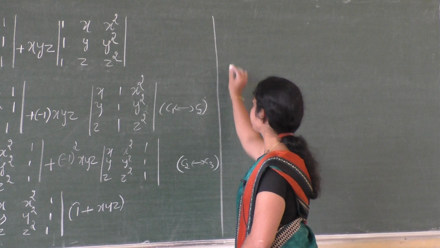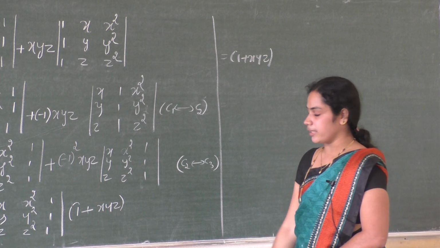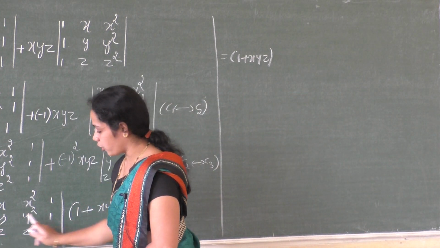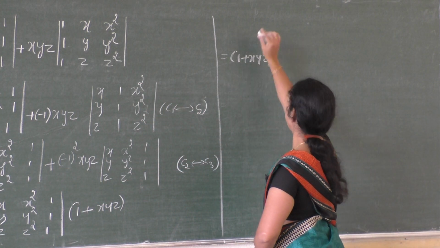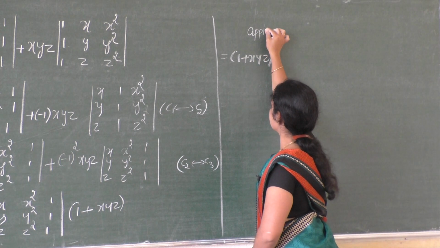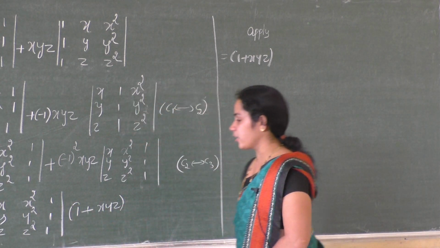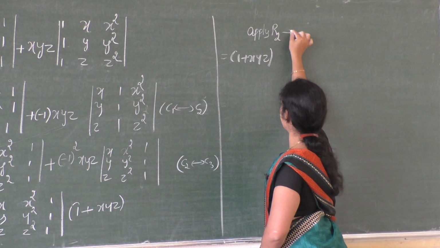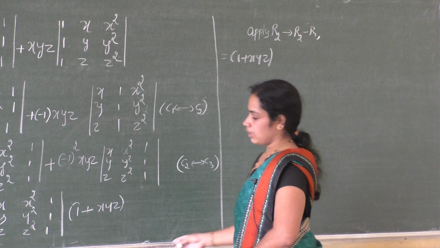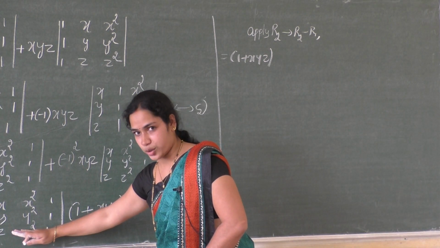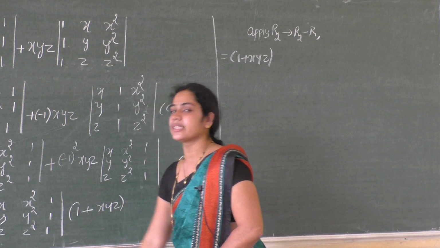That means 1 plus xyz, write as it is outside. We have to apply the operation for the determinant only. So here apply the operation: 1 minus 1 is 0. That means for the second row we need to apply R2 tends to R2 minus R1, and apply for the third row also. 1 minus 1 will be 0, so R3 minus R1.